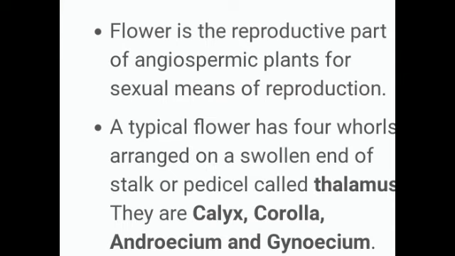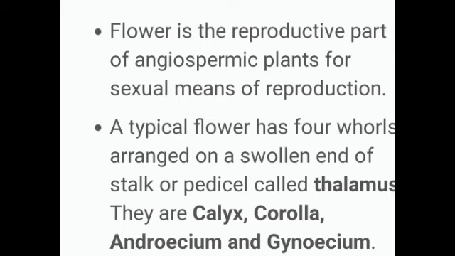Calyx and corolla are accessory because they are just needed for pollination and they attract insects. But androecium and gynoecium are essential. There may be both male and female flowers on the same plant or on different plants. That is, it may be monoecious or dioecious.